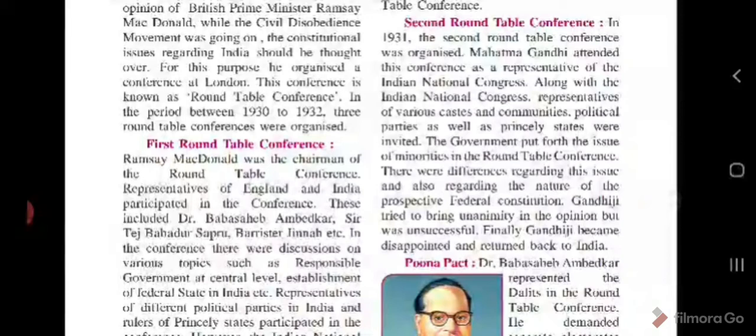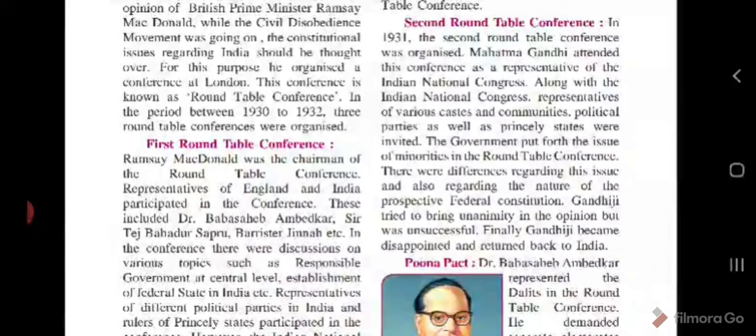There were differences regarding this issue and also regarding the nature of the prospective federal constitution. Gandhiji tried to bring unanimity in the opinion but was unsuccessful. Finally, Gandhiji became disappointed and returned back to India.